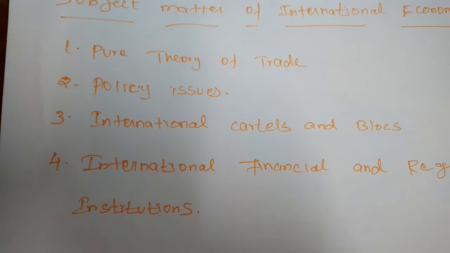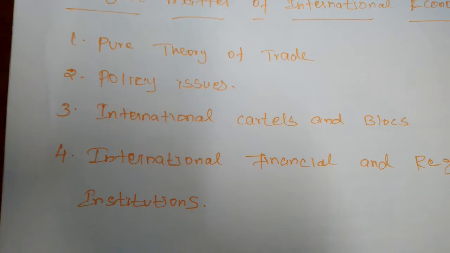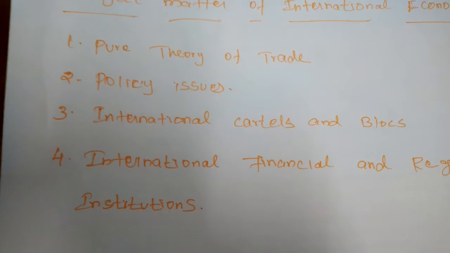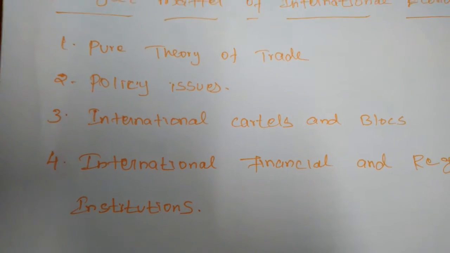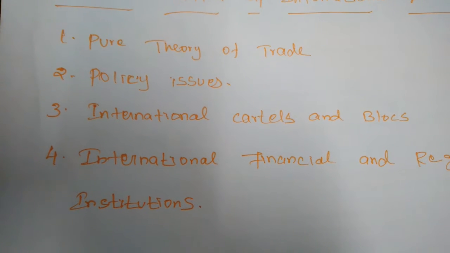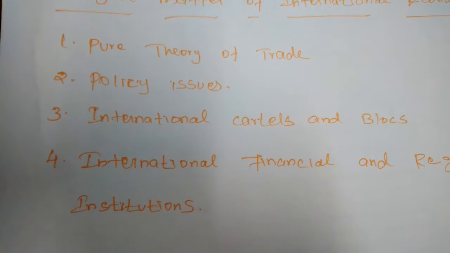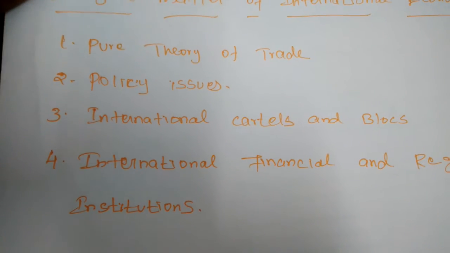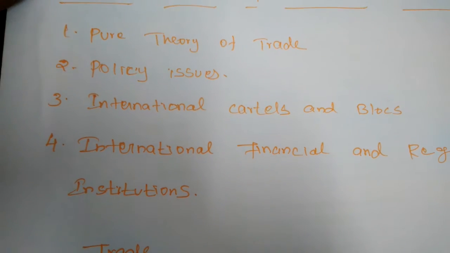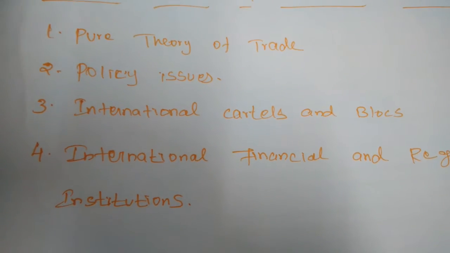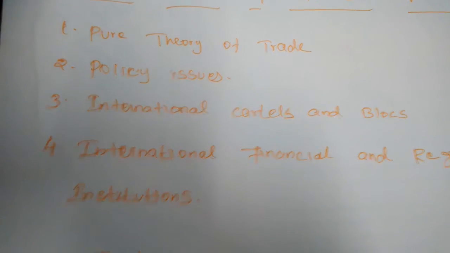So what the compositions are, in which directions foreign trade will move, and the volume of trade, meaning the terms of trade. And the determination of the terms of trade, and the exchange rate issues related to the balance of trade and balance of payments. Everything we will study in the components of the pure theory of trade.